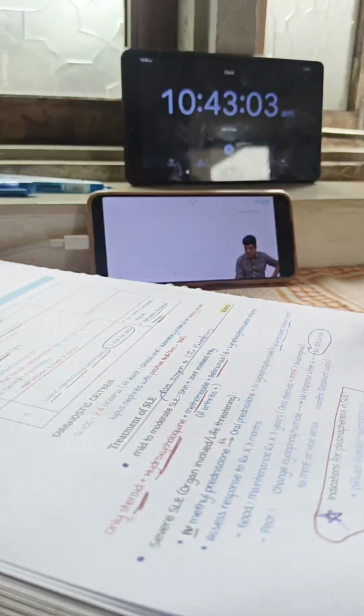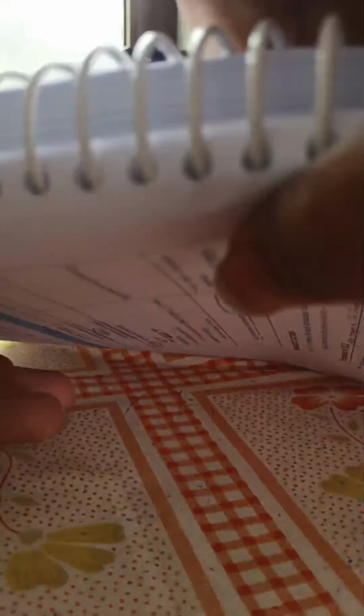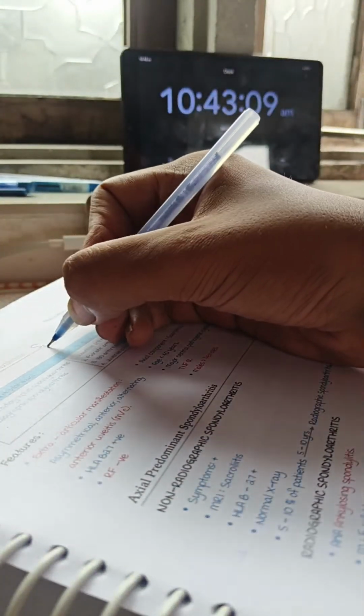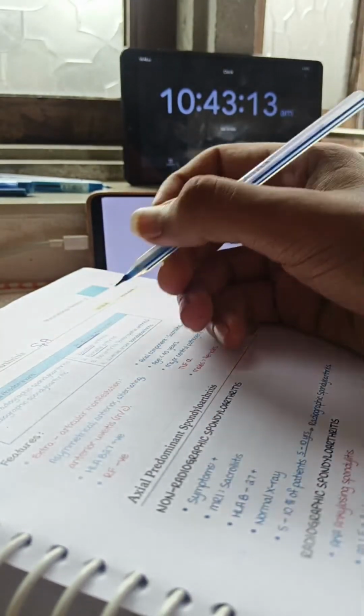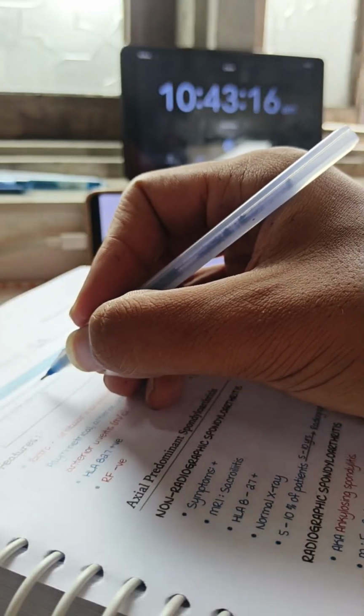We are using the term SPA, that means spondyloarthritis. With SPA, you have to first say whether it is an axial predominant SPA or a peripheral predominant SPA. That's the way you put it.